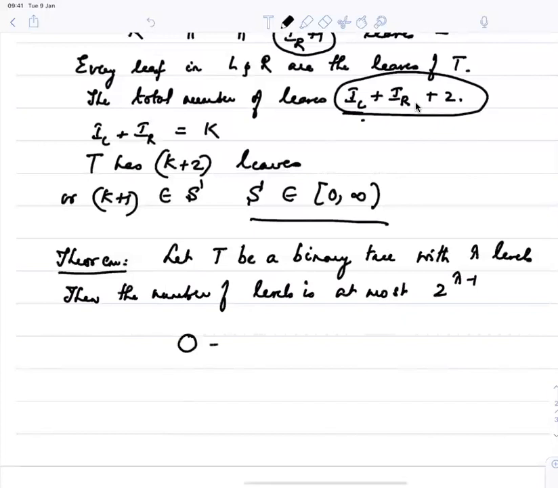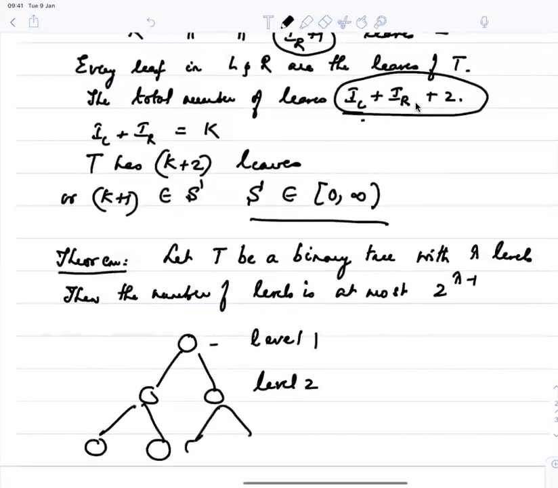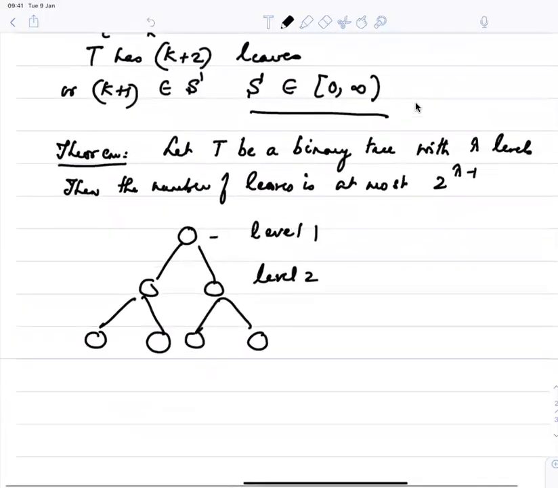Root is at level 1 and level 2 and so on. What is the meaning? This is the maximum, then the number of leaves, this is leaves here, is at most 2 to the lambda minus 1. This is level 3.